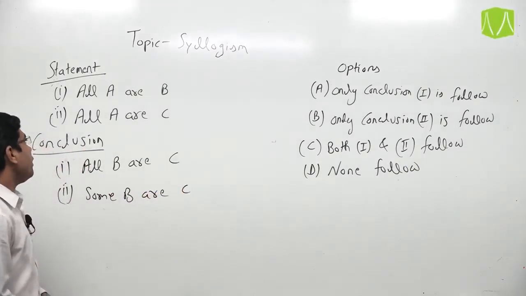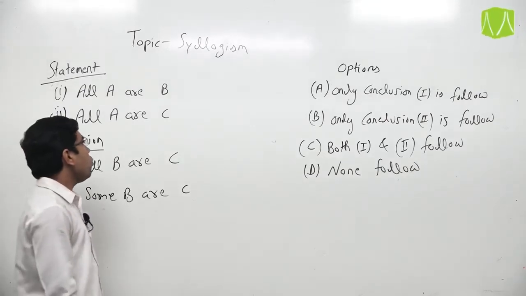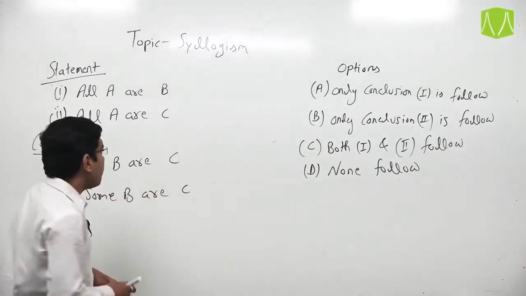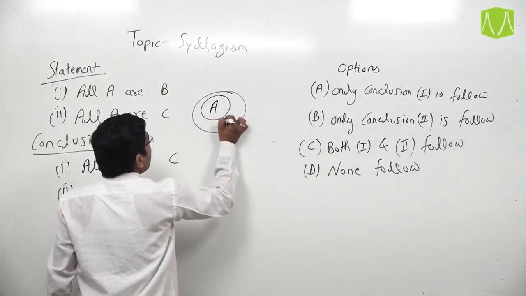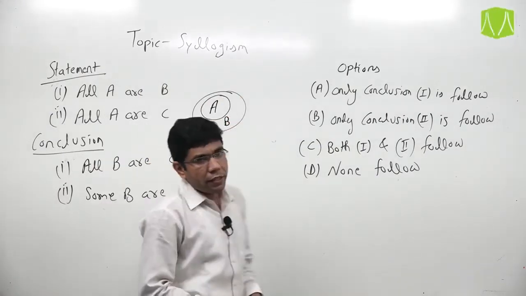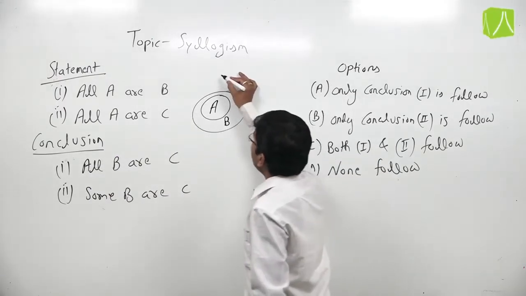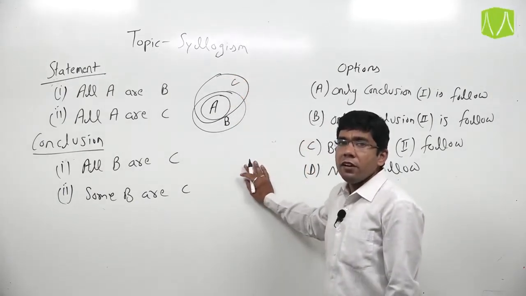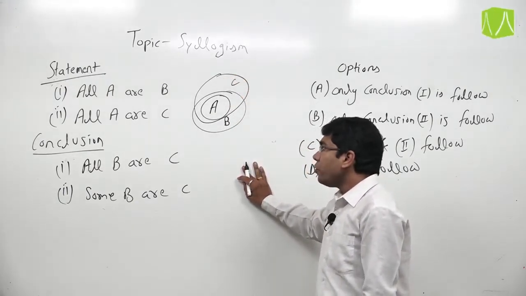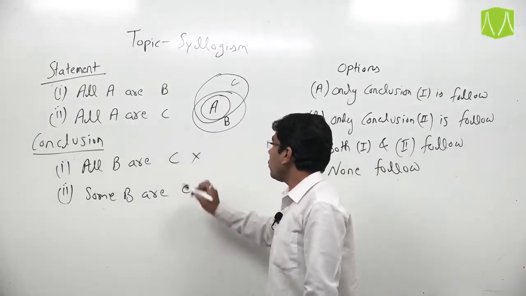Friends, we know that here all the conclusions are positive, so we use only the basic diagram. All A are B can be denoted by this. Now all A are C, that means this A can be denoted by C. Now the first conclusion, all B are C, here all B are C is not clear.